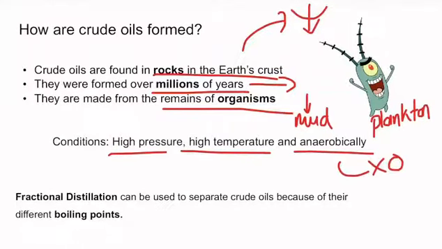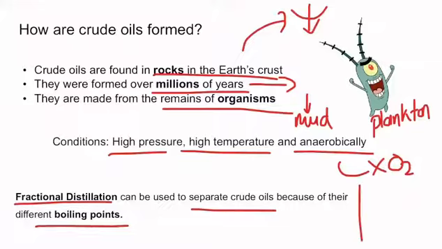We also need to know that fractional distillation is the separation technique that's used to separate crude oils because of their different boiling points. I'm not actually going to go into much detail about what fractional distillation is, but all we need to know for this is that fractional distillation involves a large column known as a fractionating column, and the crude oils are heated up in here.